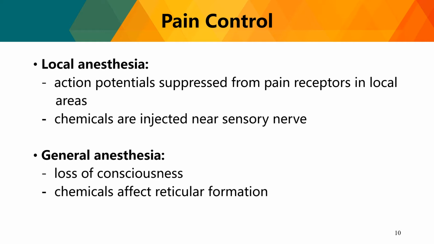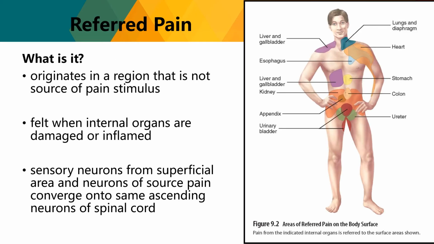So this is what is really used in surgeries, where you are put to sleep so you won't feel the pain during surgeries, and of course for operations on specific parts of the body that need to be operated on. That is what general anesthesia does.